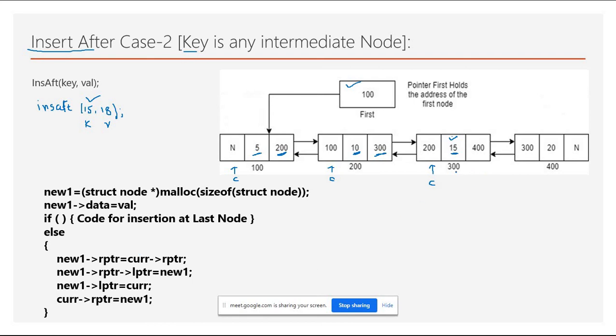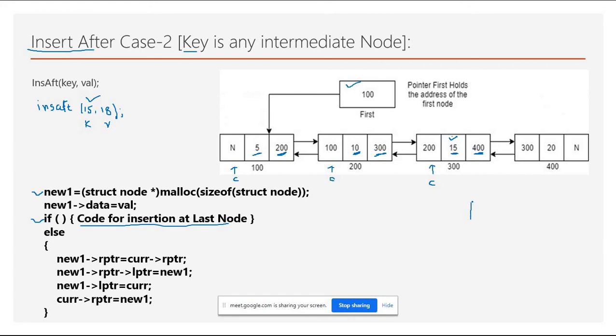Now I just need to check whether this is the last node or not, right? So I will check whether the rptr part of this current node is null. If yes, then the previous case, case number 1, will apply, right? So that if condition we have written here, see, if rptr of the current is null, then the coding whatever we have discussed in the last slide will be executed here, right? Otherwise, what we have done is we have created a new node.